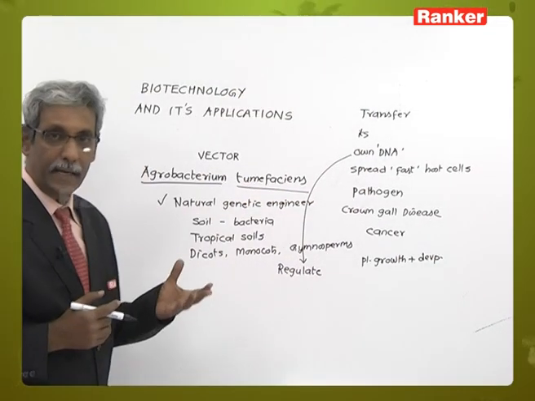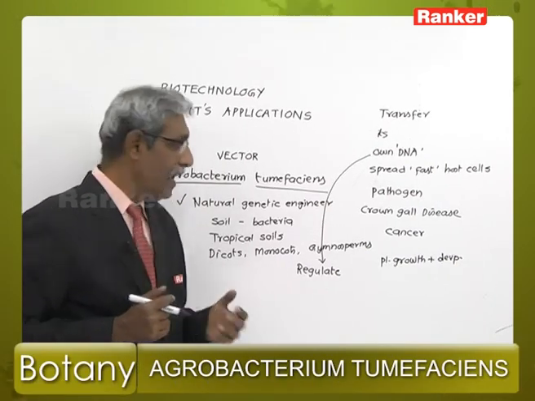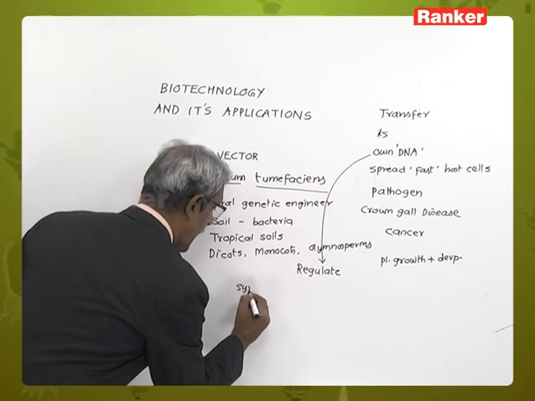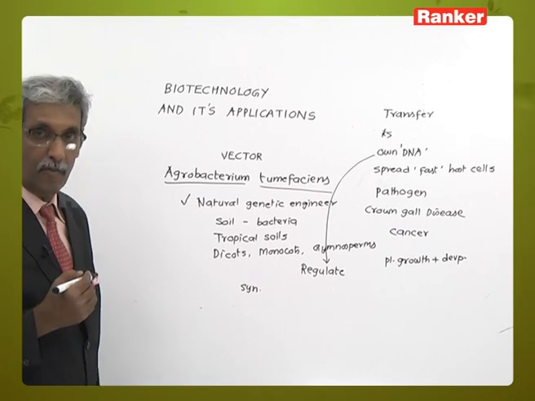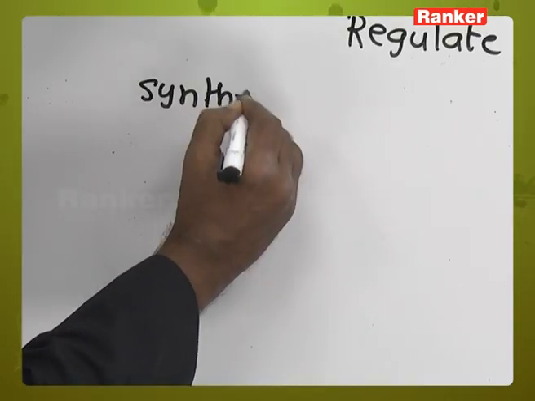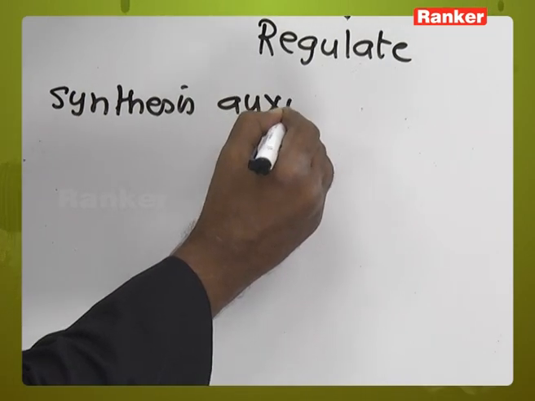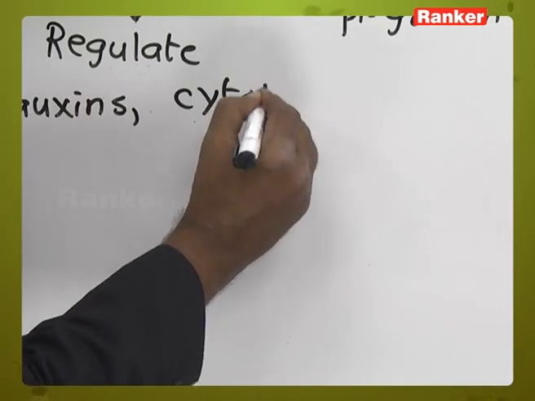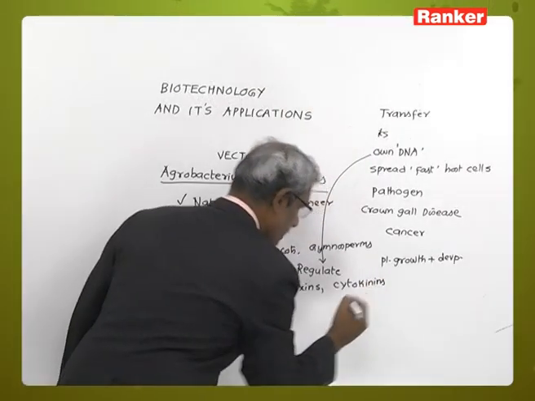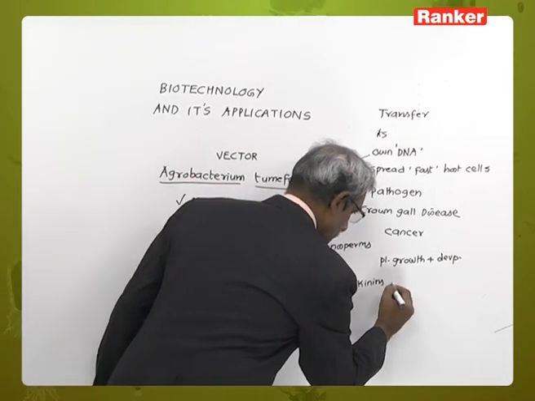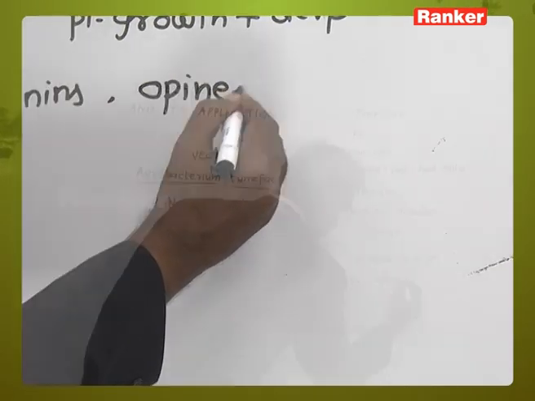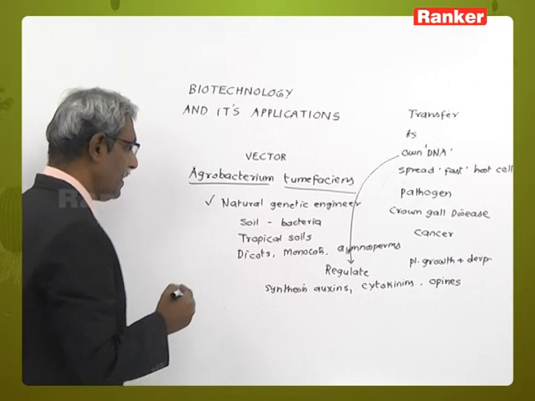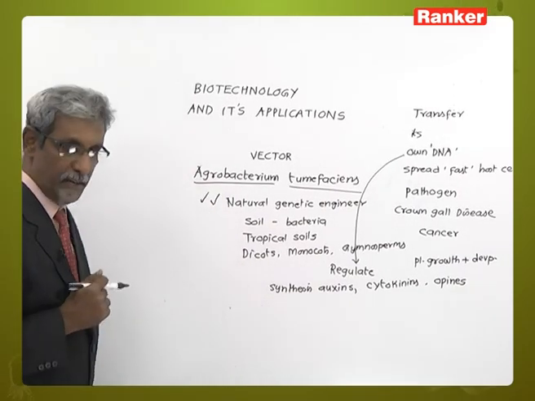It can totally take control of the plant growth and development. At the same time, the DNA is also responsible for the synthesis of auxins, which are growth hormones, cytokinins, which help in cell division, and a group of compounds which are termed opines. So, Agrobacterium tumefaciens is a natural genetic engineer.